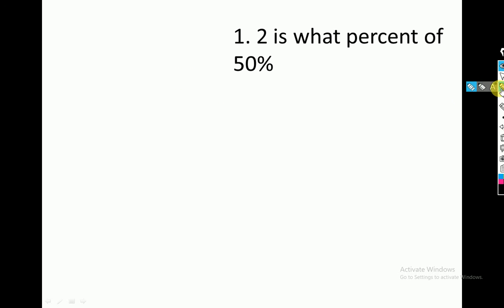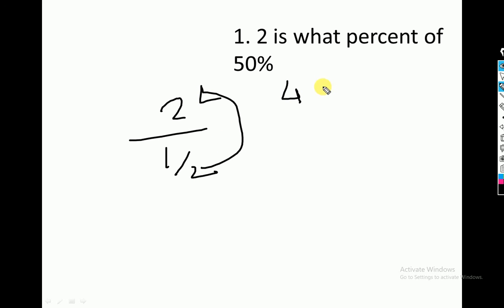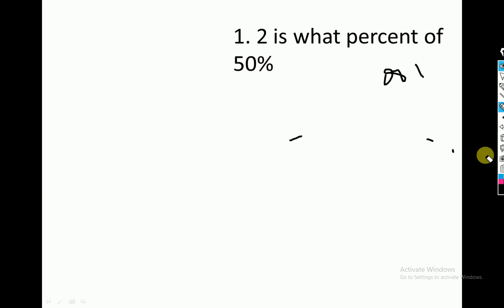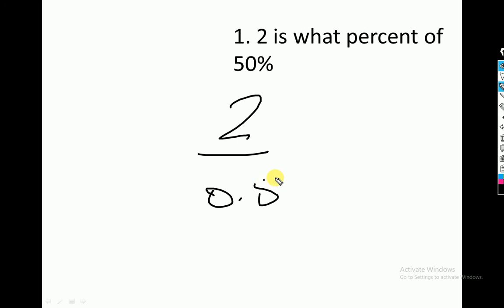Now, 2 is what percentage of half? This 2 goes over there, so it's 4 into 100%, which equals 400%. Otherwise, it's simply 2 by 0.5.